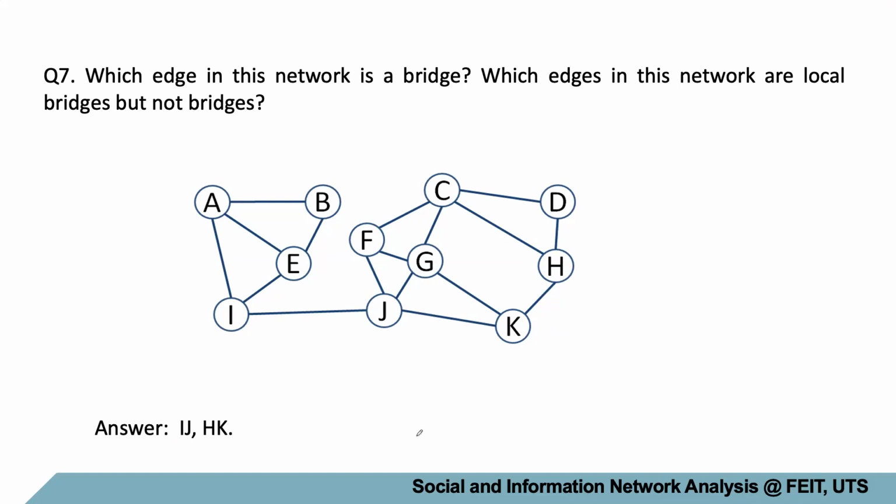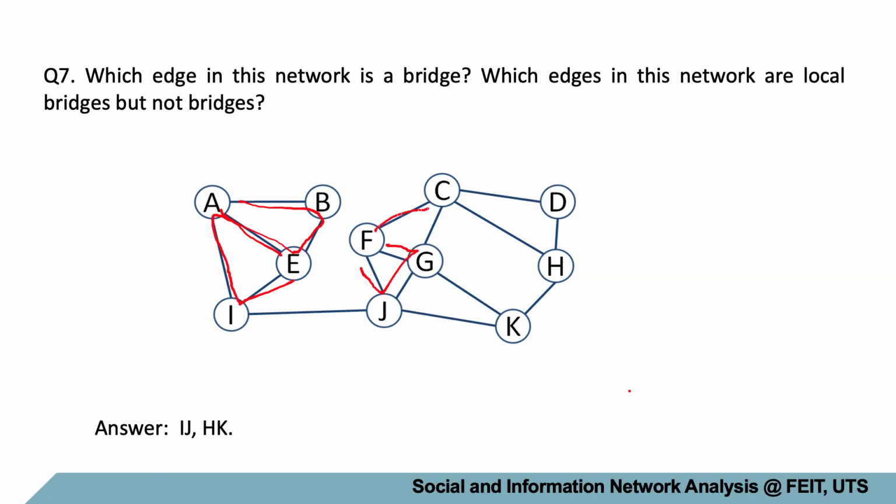To find a local bridge, you can also list the triangles in the network, because if an edge is involved in a triangle, that means it is definitely not a local bridge, right? For example, this triangle AIE means these three edges are not local bridges. And this triangle means these three edges are not local bridges.